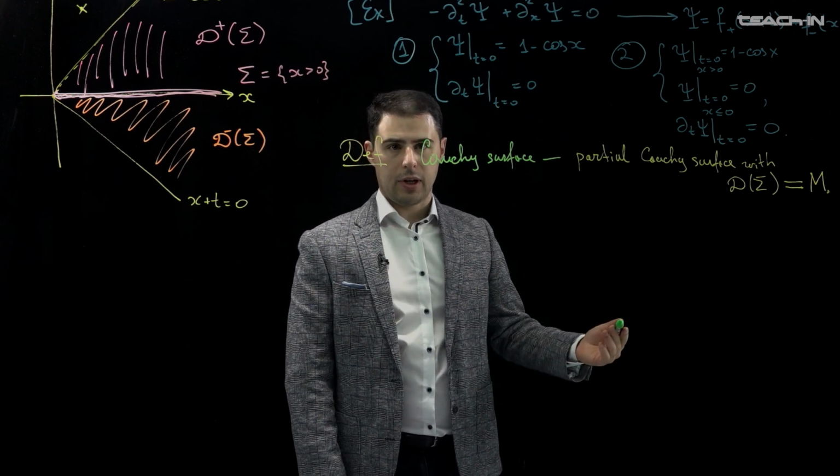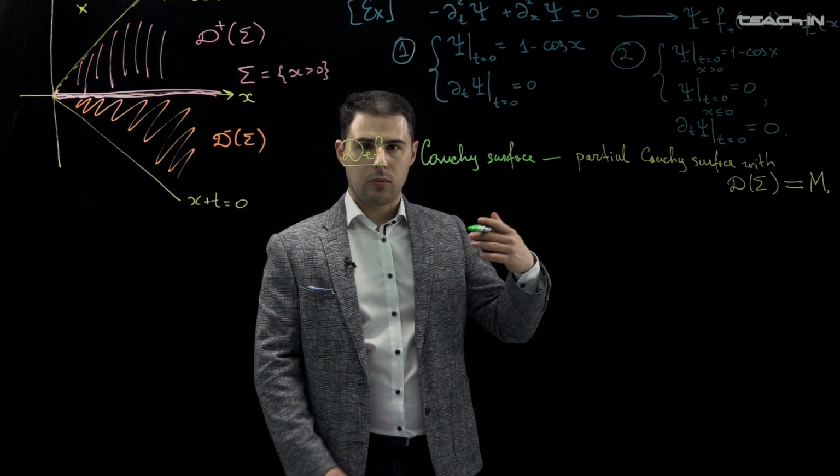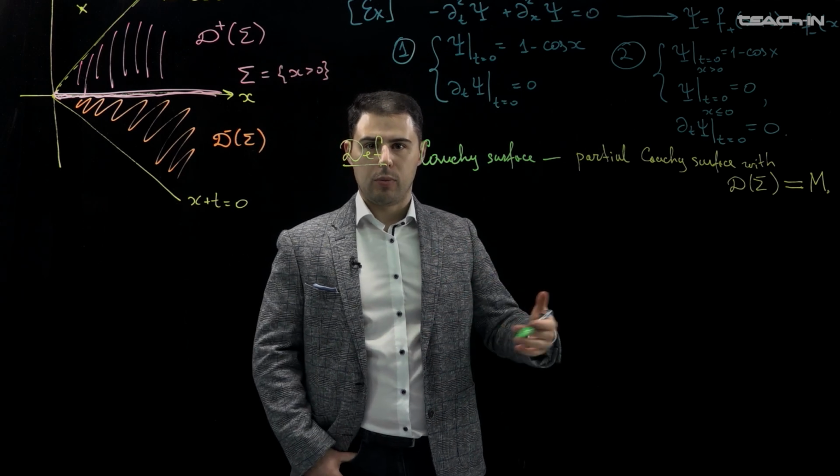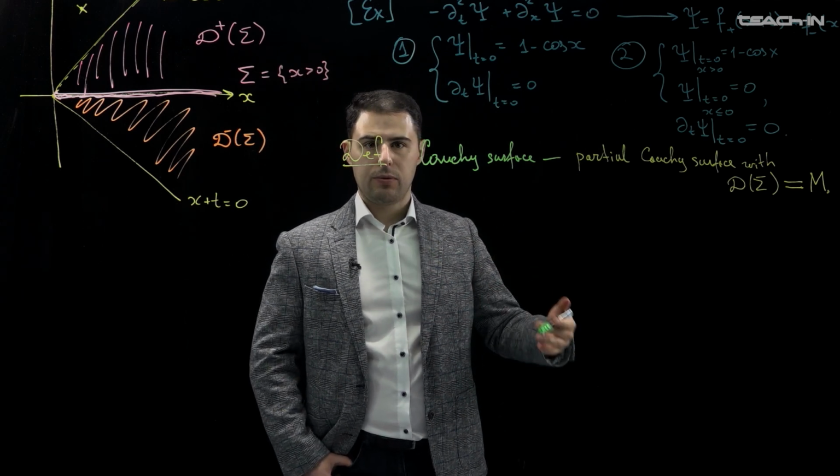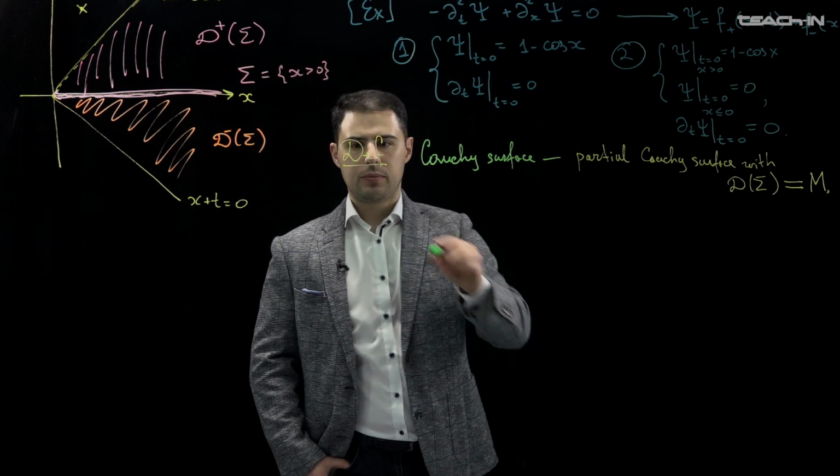Not every spacetime admits it, so we will call the spacetime globally hyperbolic if it admits a Cauchy surface.